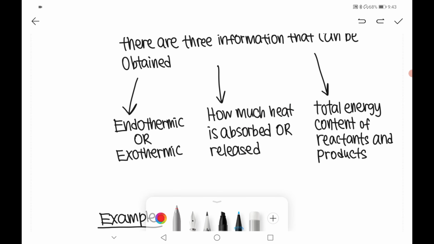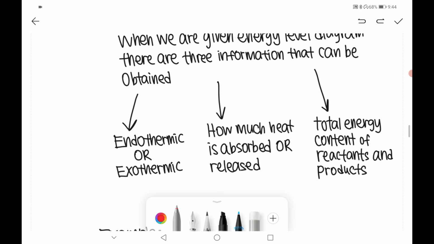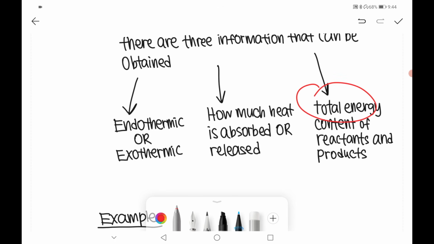Then you must mention whether the total energy of reactant is higher or lower than the total energy content of the product. Or you can go the other way around. You just need to compare the total energy.